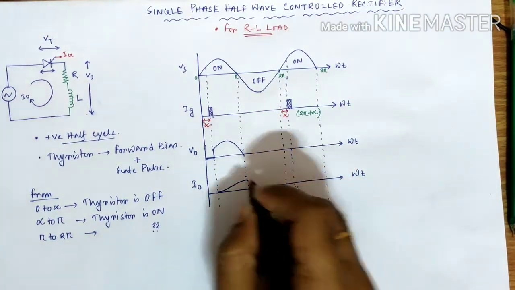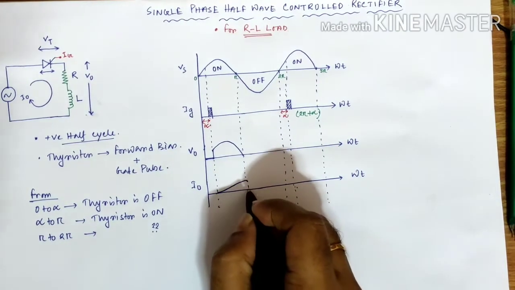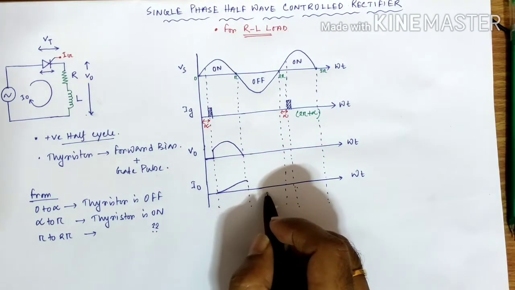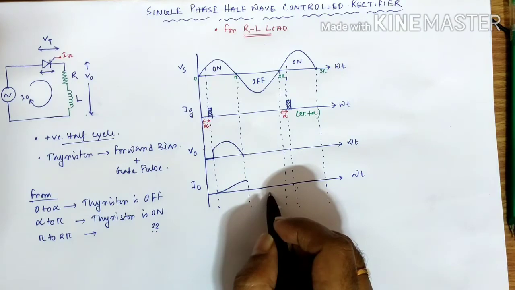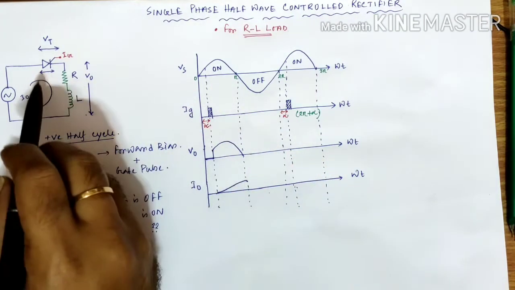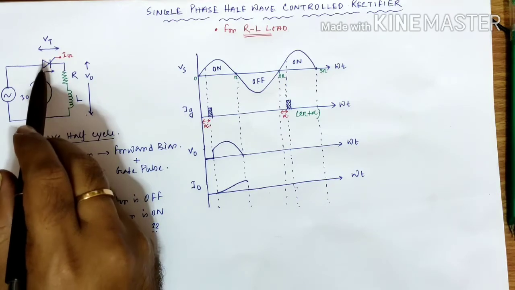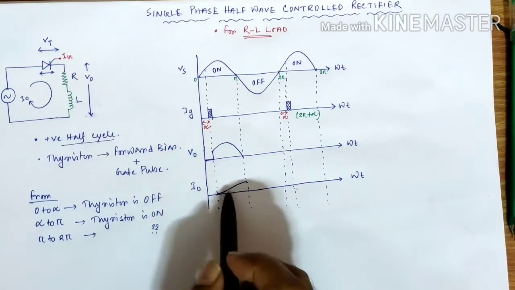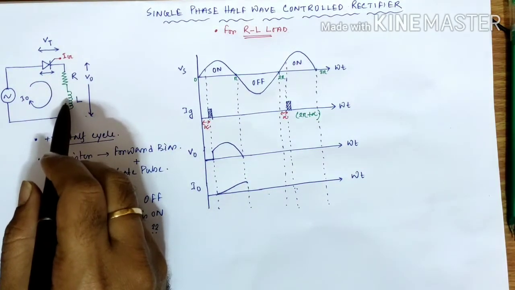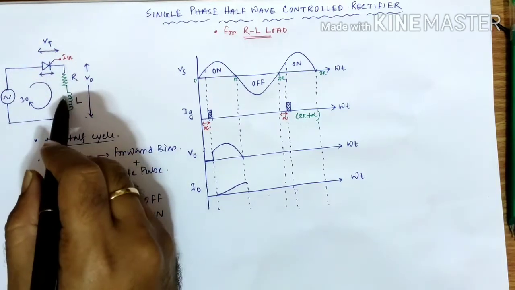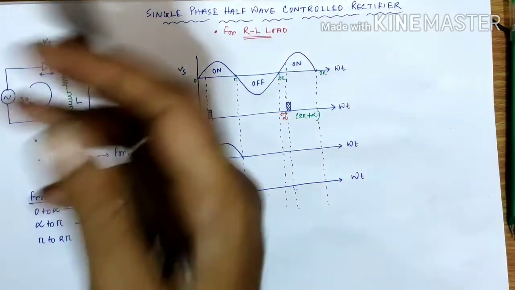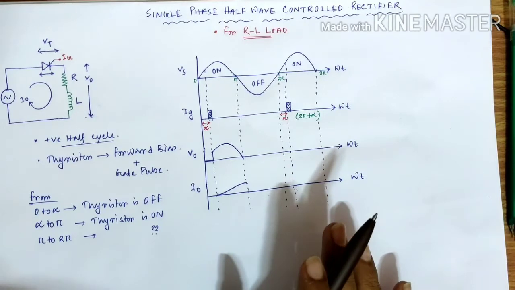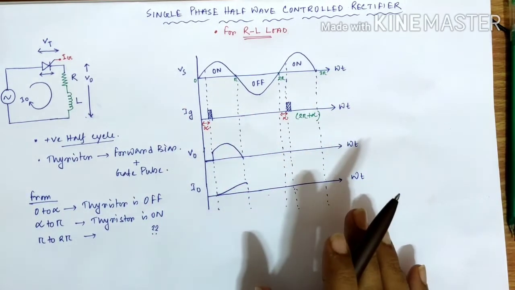Now after reaching pi, what will happen to the current? After reaching pi, we know that the biasing changes. So from forward bias, it goes into reverse bias condition. During that state, the thyristor should be turned off. But a certain amount of current has already charged up the inductor. Here we are using the term charged up, like that happens in the case of a capacitor.